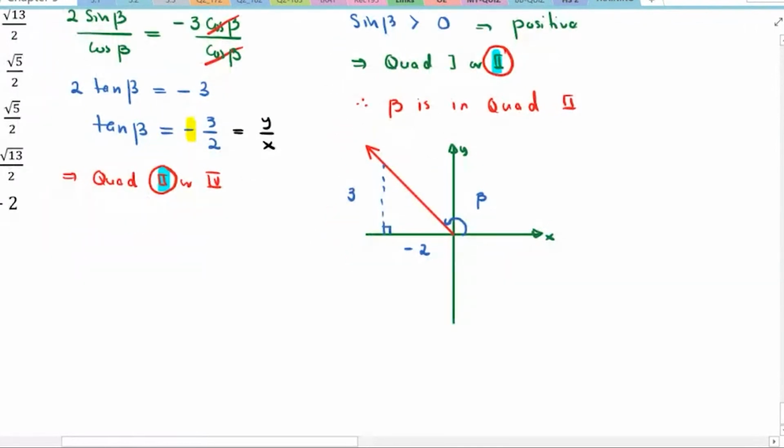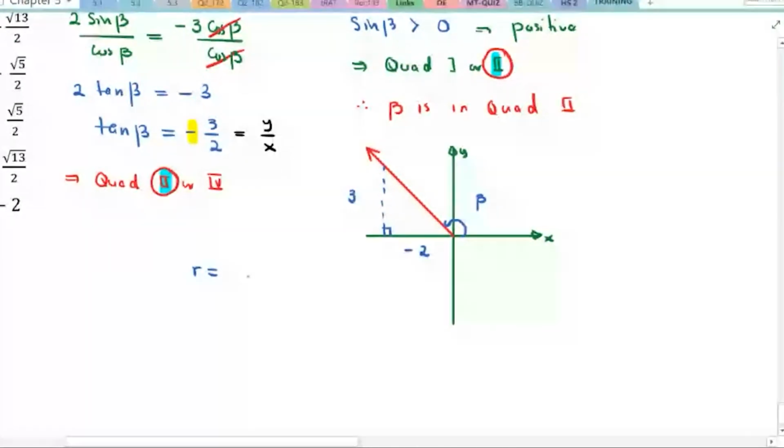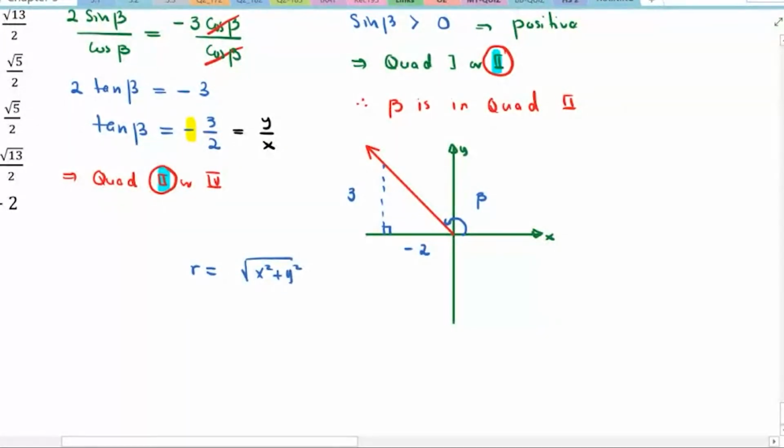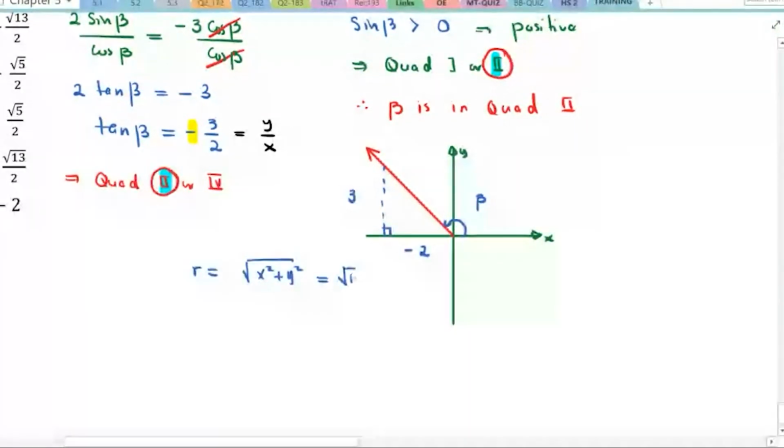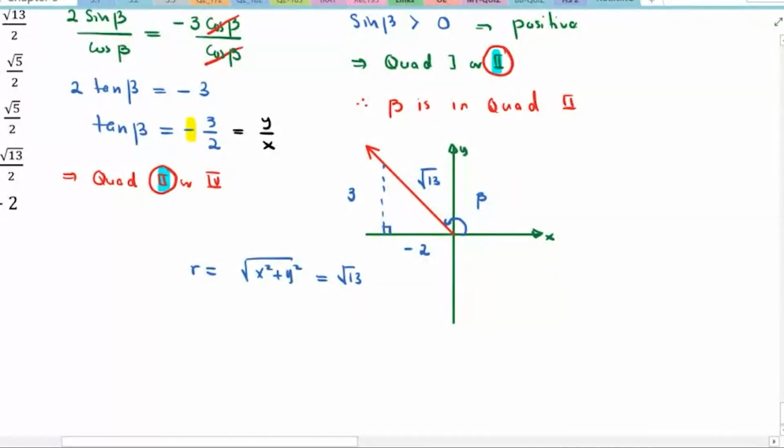Now if we use Pythagoras, we know that r is going to be equal to the root of x squared plus y squared. x squared is going to be equal to 4, and y squared is going to be equal to 9, which is going to be 4 plus 9, and that is going to be root of 13. So here we have r equal to root of 13.